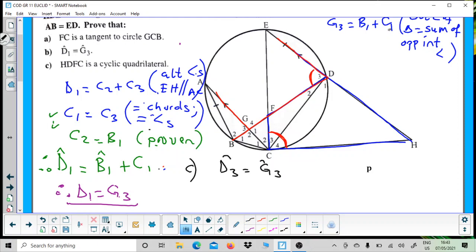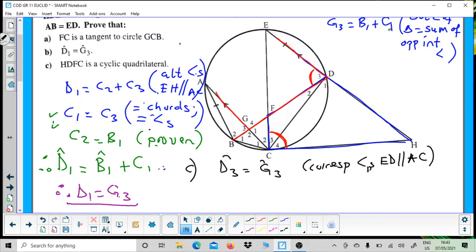Let's stop there for a second. Why is that true? These are corresponding angles. What are the parallel lines? ED and AC. Agreed.